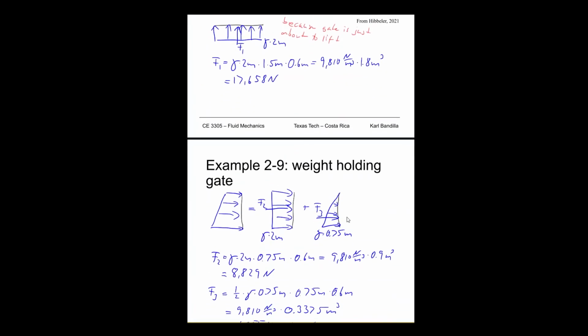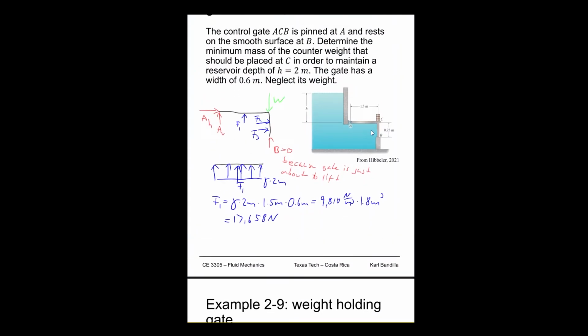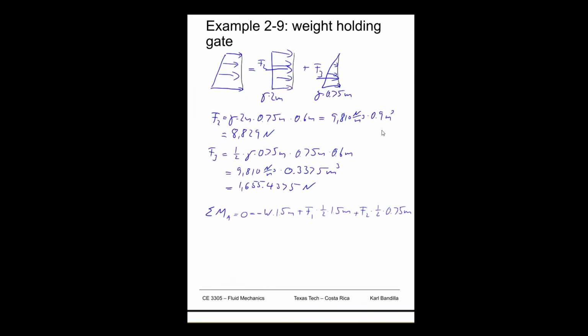And because F3 is from a triangle, we know it's 2/3 of 0.75. So plus F3 times 2/3 times 0.75 meters.